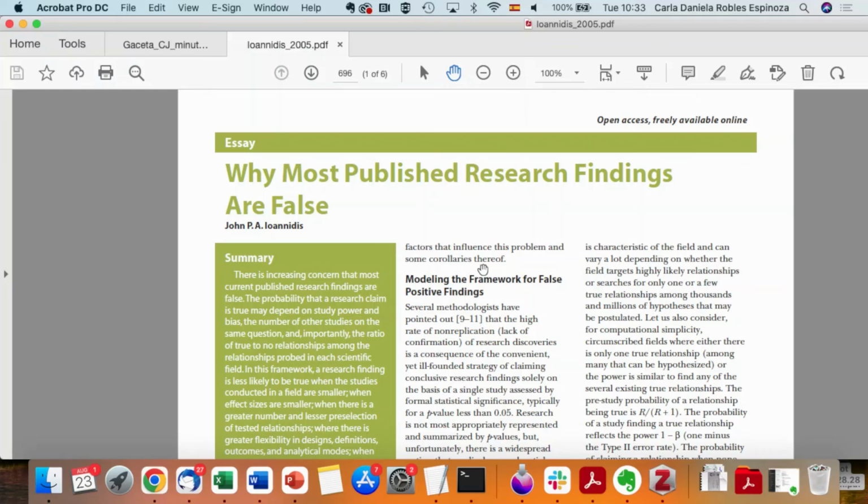I was wondering how the reaction was when it was published, because for me, when the title says why most published research findings are false, it gives a very strong claim for people who are very against science, and they can use this kind of article to argue, okay, I am telling you that we don't believe in science, and then I show you a paper that has this title.